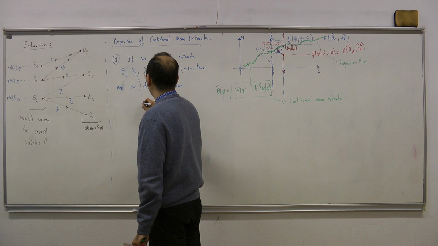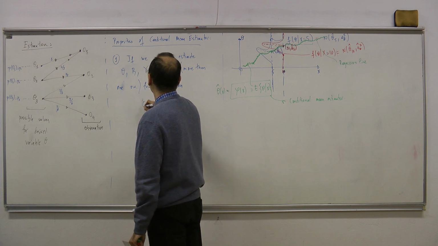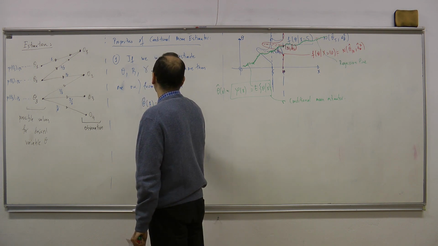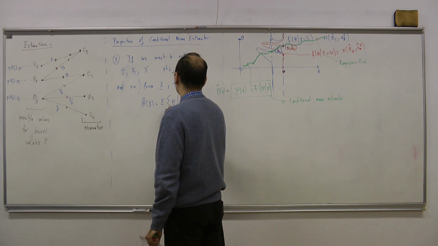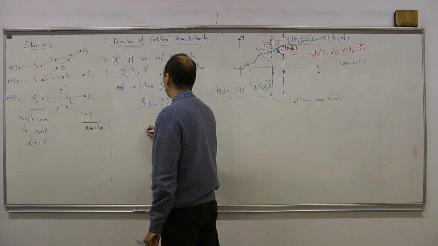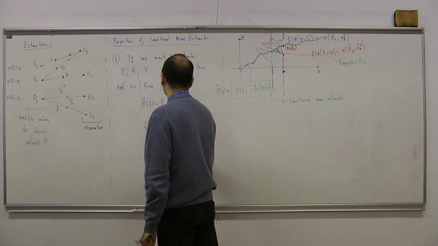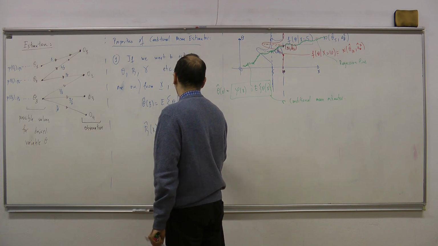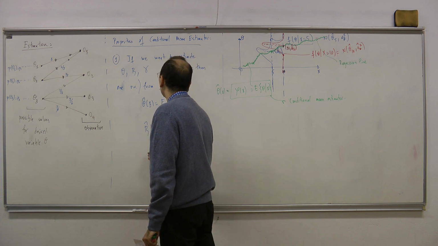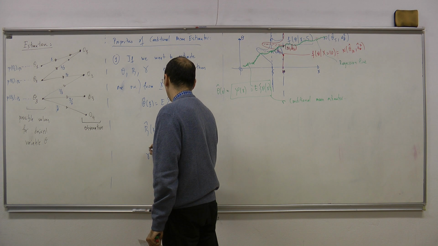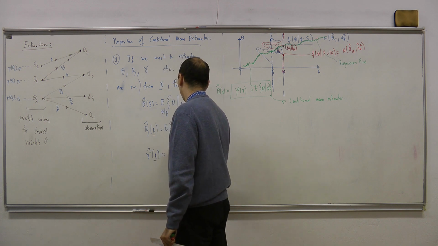Then theta hat of x is expected value of theta given x, beta hat of x is expected value of beta given x, and let's say this is gamma hat of x.